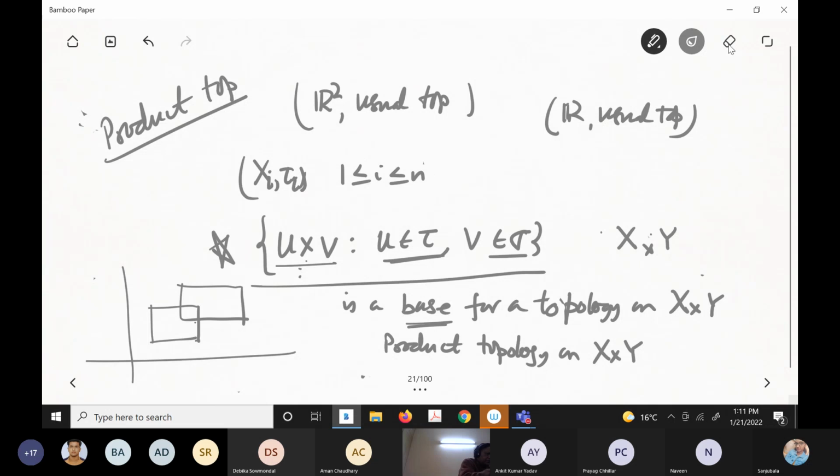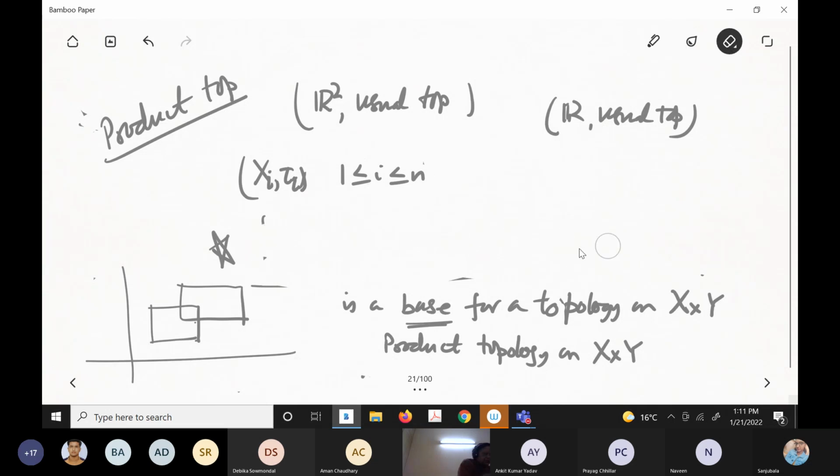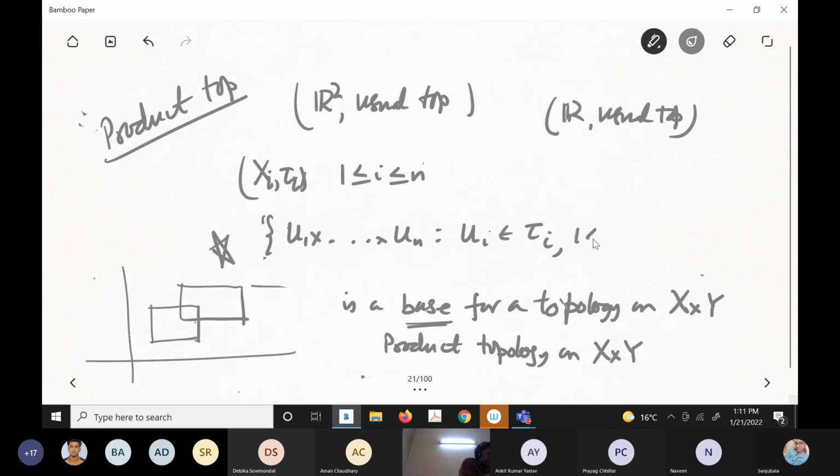The base will be like this: take U_1 cross up to U_n, where each U_i belongs to tau_i. This kind of thing is called boxes, or rectangles you can say, in n dimensions. This will be a base for a topology on this product. Okay, you can easily check that.